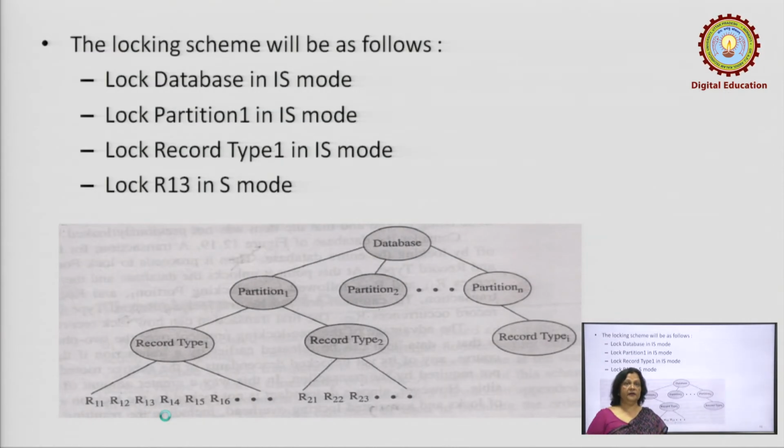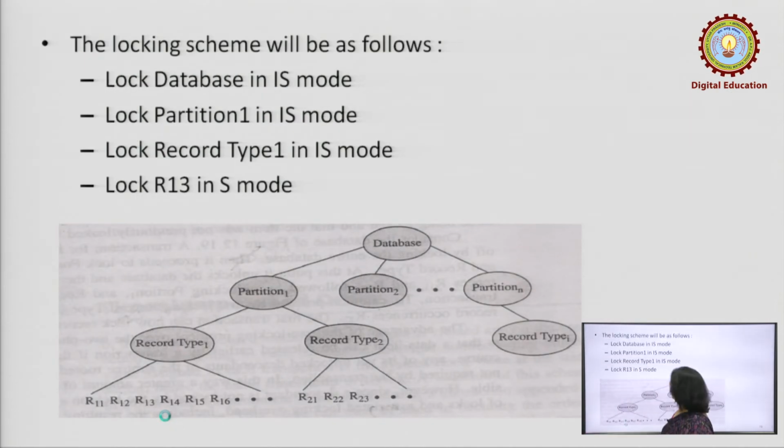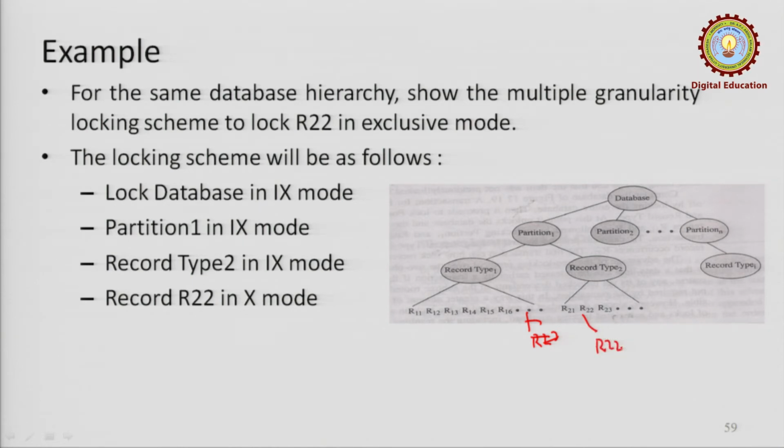Let us take up another example, which says, for the same database hierarchy, show the multiple granularity locking scheme to lock R22. R22 is here, in the exclusive mode.